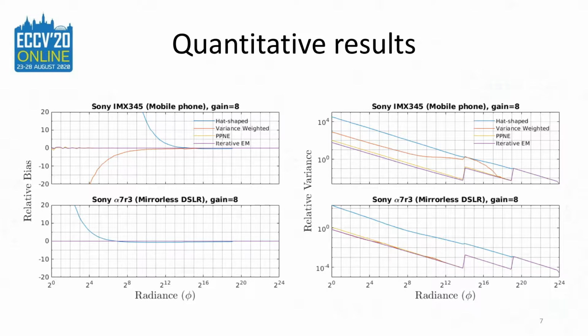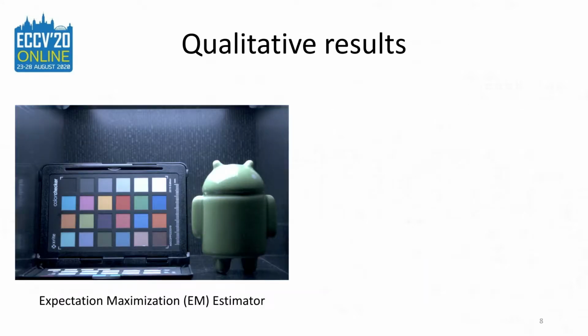This is an important result, since estimators produced by maximum likelihood estimation are generally not guaranteed to be unbiased or to have the minimum variance. The sawtooth patterns visible in the standard deviation plots are due to the 3 exposures. The highest 5 stops are captured only in images with the shortest exposure time, and therefore the error drops when data from the second and the third images become available.